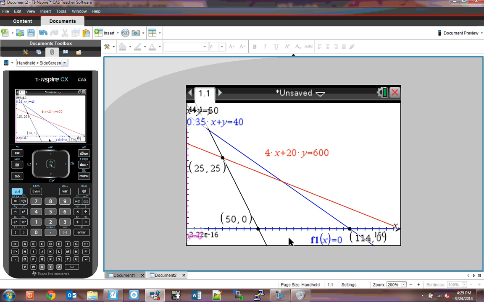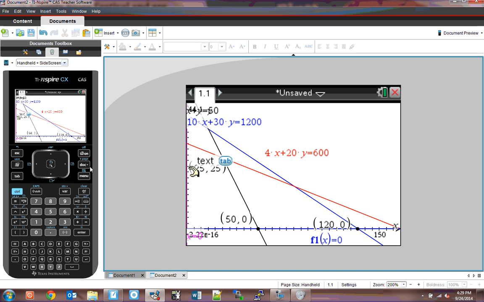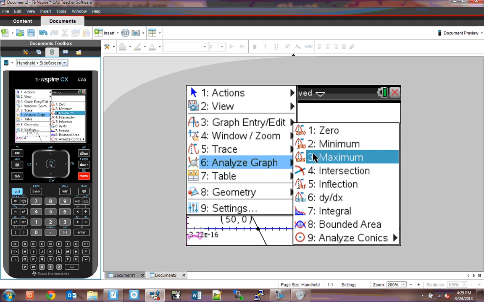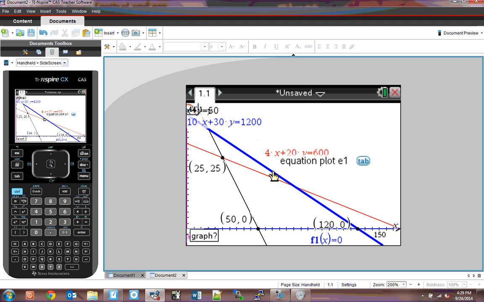Let's move this over here so we can see it better. Now let's get our last one, which is right here. Again, Menu, Analyze Graph, Intersection, pick the red line, pick the blue line, lower, upper. So this one is 75, 15.